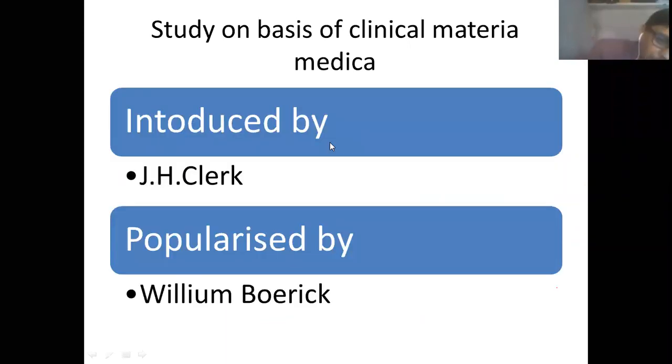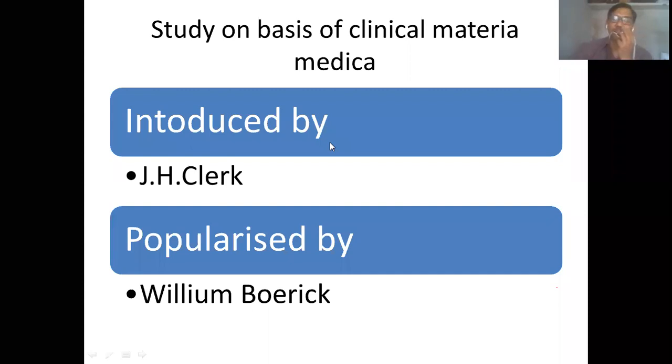Then, who is the person who has introduced this method of study of materia medica? It is by J.H. Clarke. Remember the spelling, don't make spelling mistakes. And then later on, this method of study was popularized by William Boericke, and then in the recent century, it is being popularized by Indian authors like S.R. Pathak.